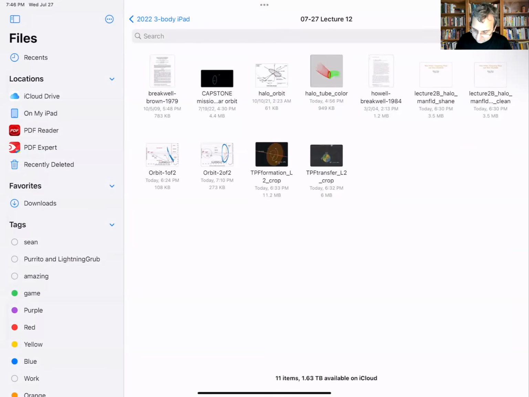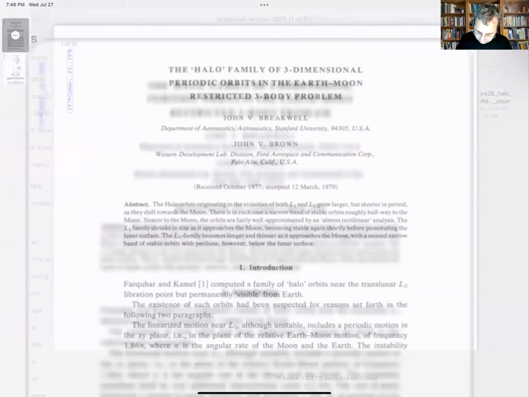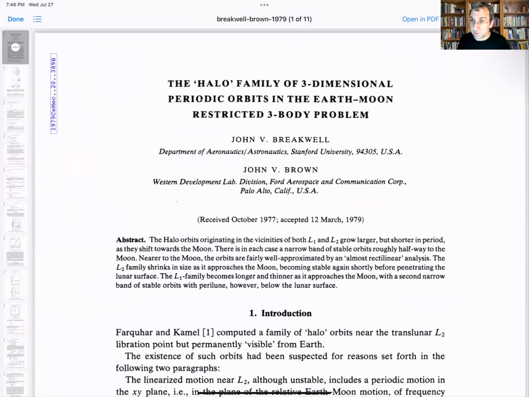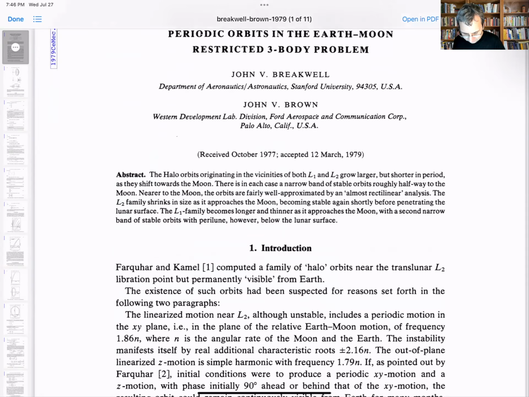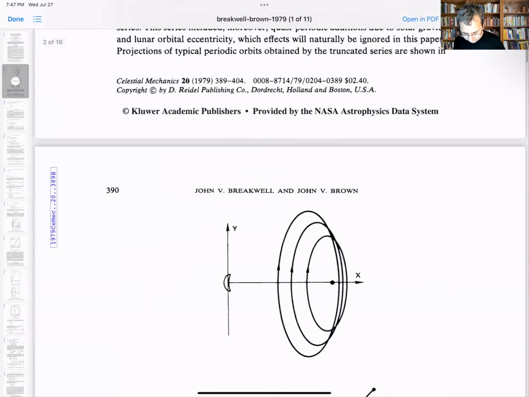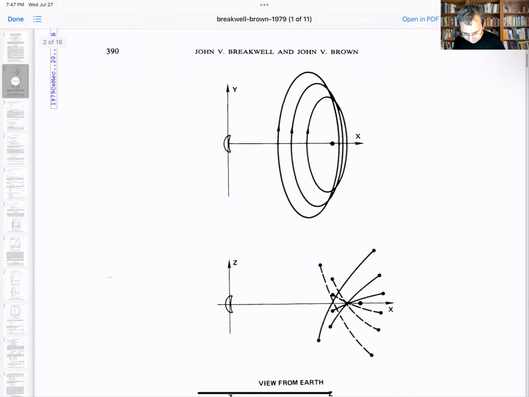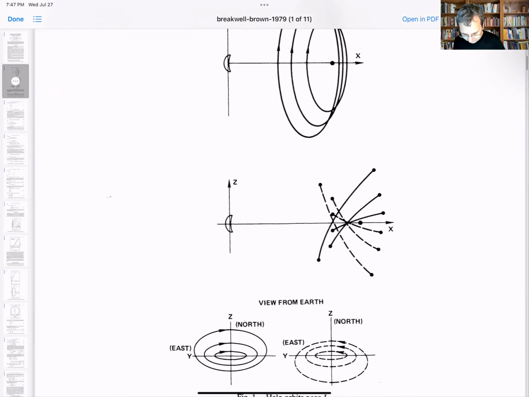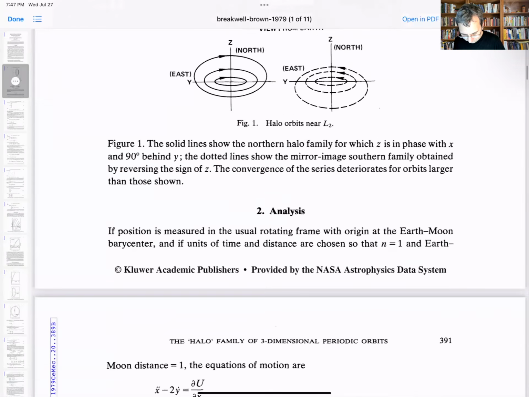All right, I'm going to show some MATLAB stuff. I did want to show you some foundational papers that are good for understanding the halo family. John Breakwell was a professor at Stanford who did a lot of work in this area. So he's got this paper from the late 70s looking at halo orbits in the Earth-Moon system.